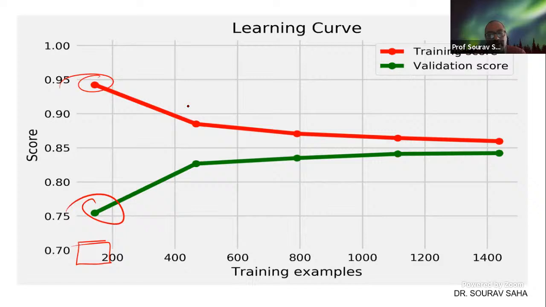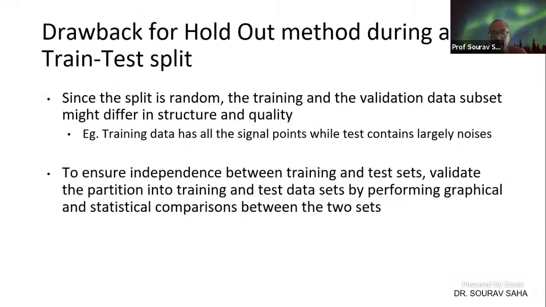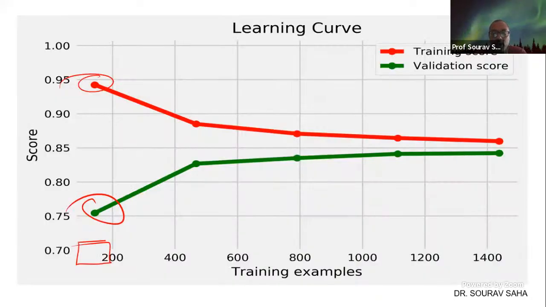Correct. Score is basically the performance. On the training score, we find that the training score is 95%, while the validation score is 75%. Sorry, my bad. On the training data, the performance is pretty good, isn't it?